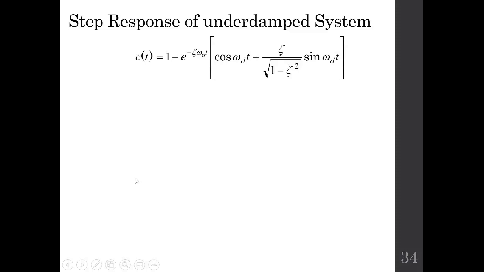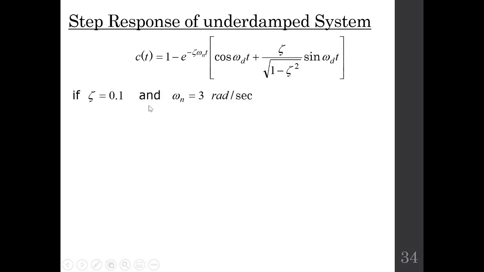Now let us look at the time domain response of the second order system. This is the step response of an underdamped system. We will be interested in what is going to happen with the step response if we put the value of zeta and omega_n in this equation.